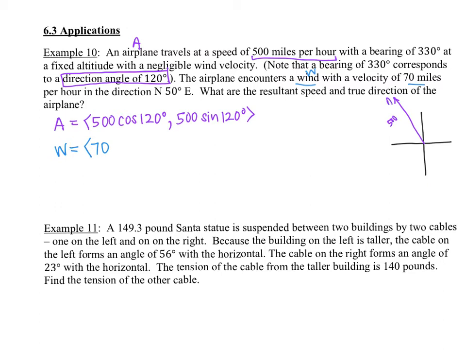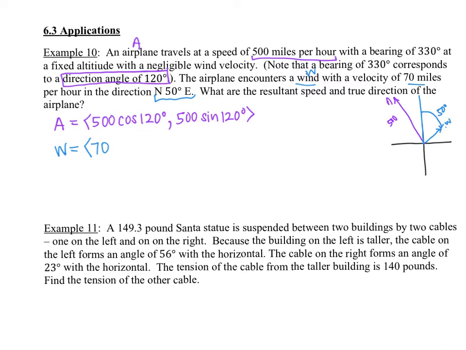Now the wind is north 50 degrees east. From the north line, it's 50 degrees to the east, and east is to the right, so about 50 degrees this way. How big is the wind? The wind is only 70, so it's very short. Think of the wind as being right there.